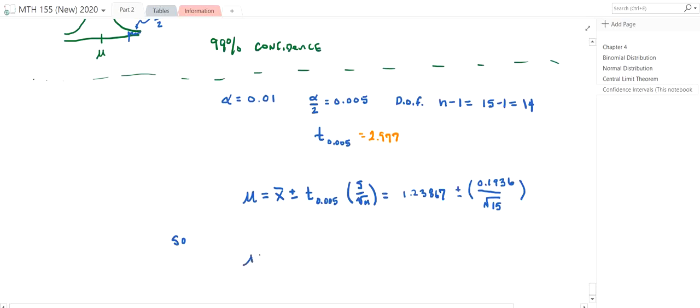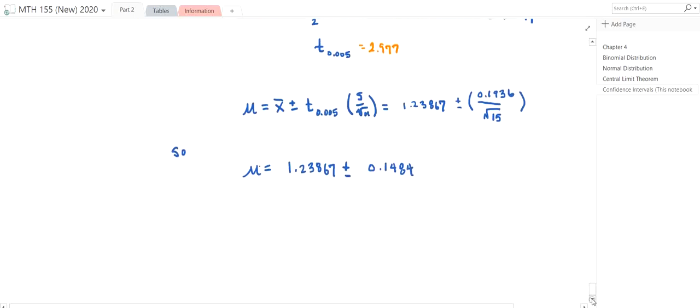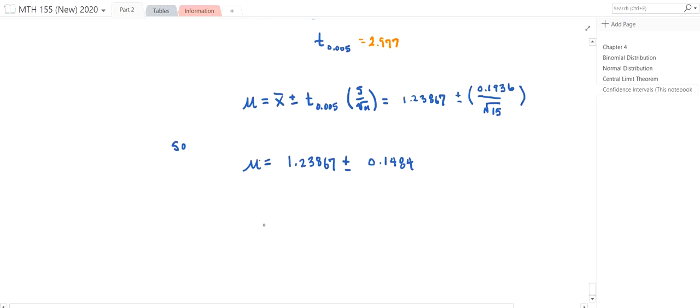So I end up with mu equals 1.2387 plus or minus 0.1484, barring any calculation mistakes.